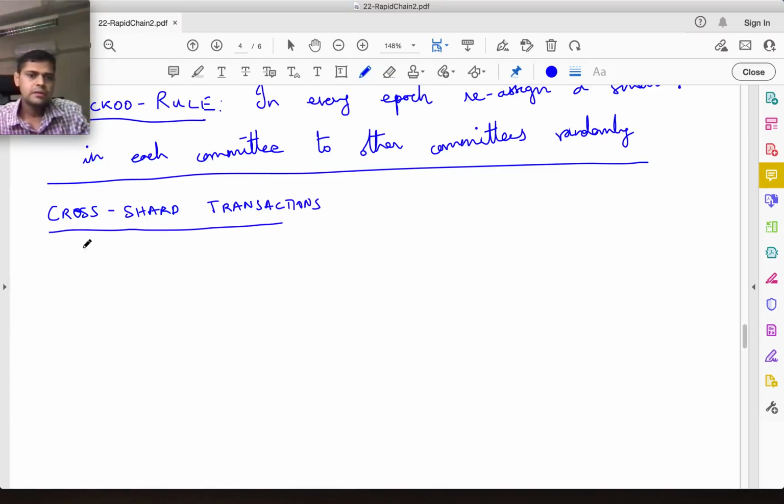So what Rapidchain assumes is a UTXO model, just like we have in Bitcoin. So you have inputs and outputs.